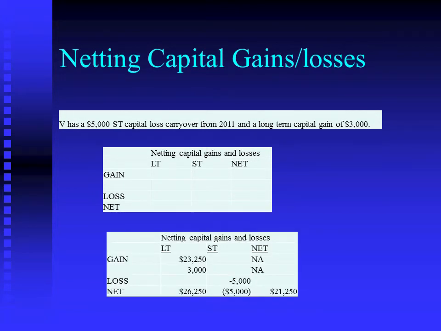And so you can see here that the 23,250, which was our net 1231 gain that survived, with the $3,000, gets us to 26,250 with our short-term capital loss carryover. So we have opposite signs, so we net. So the final answer, please, is that we have $21,250. That is a net long-term capital gain that is subject to preferential tax rates.